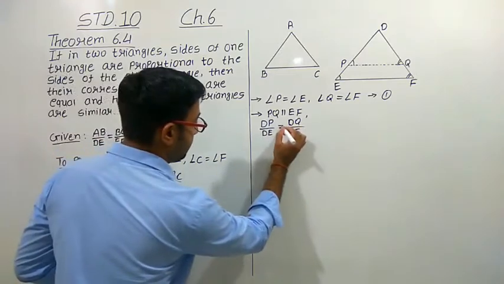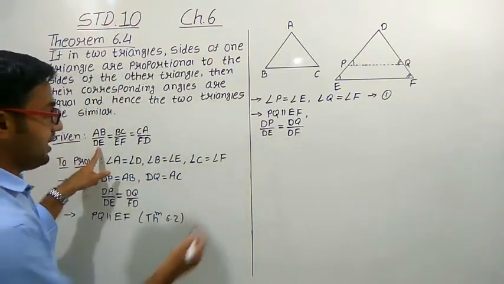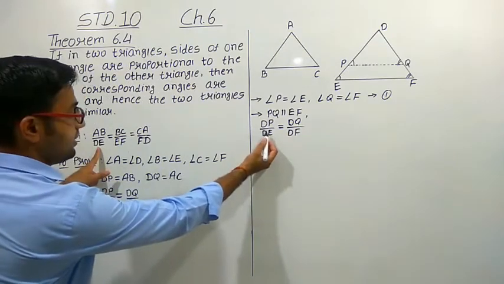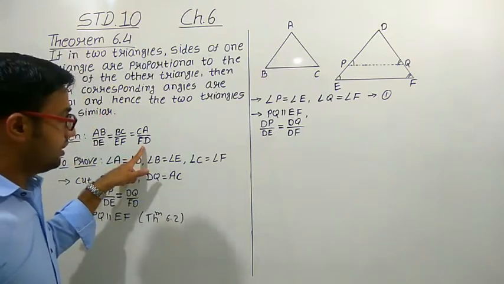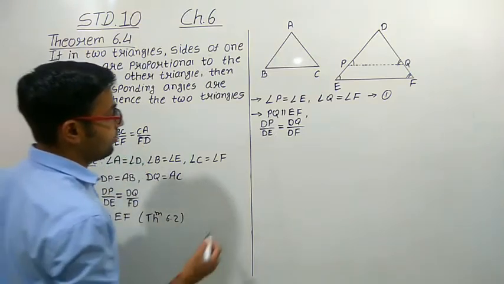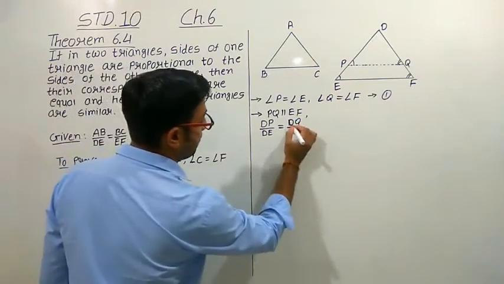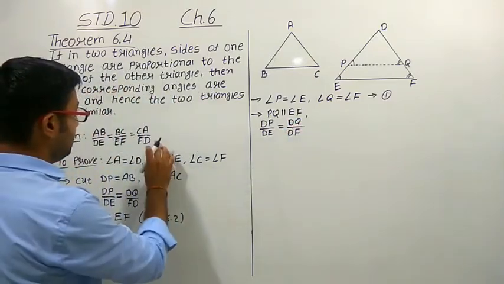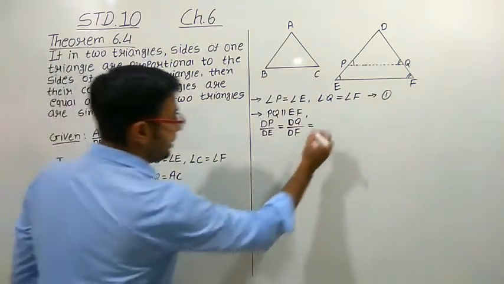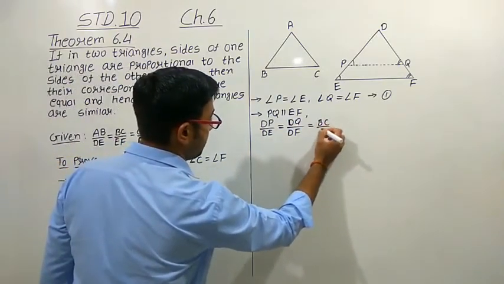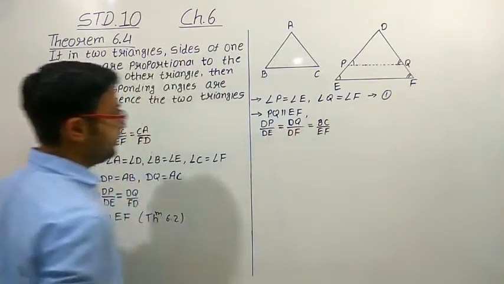Okay, now we have to compare. See, DE is there in the denominator and DF is also there in the denominator. Okay, so now what we can write down here is, so now this thing also we can write down here is that BC upon EF. Right?